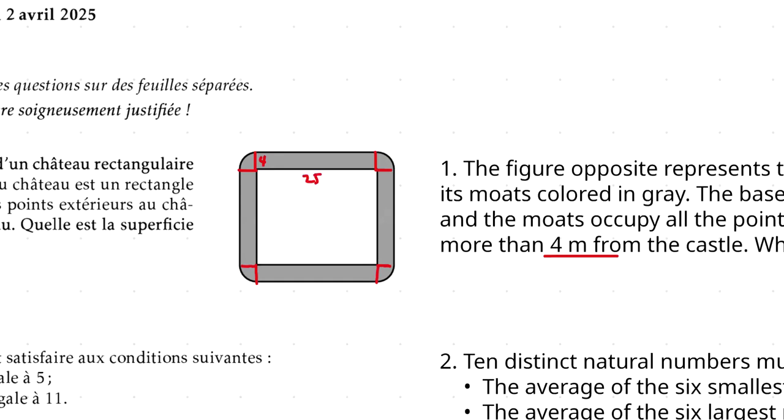So the area is quite easy to calculate. We have 4 quarter circles, so the whole circle's area is pi times 4 squared, plus 2 times 25 times 4. Those are the 2 rectangles horizontal at the top and the bottom, plus 2 times 20 times 4. That is the area of the 2 rectangles on the left and the right.